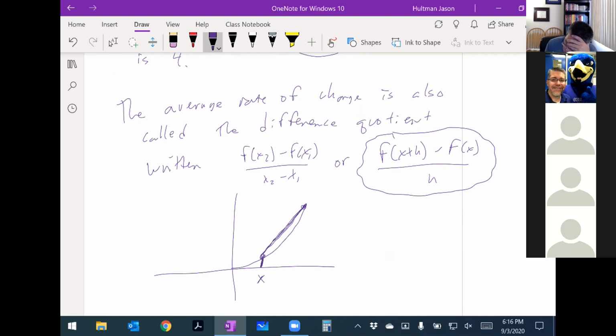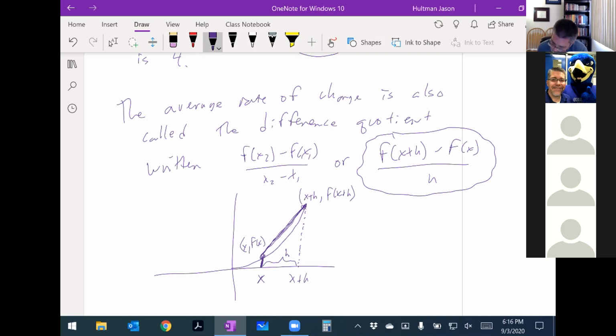And instead of x2, let's call this x plus h, where this distance here is h. So we went from x all up to x plus h. So this is going to be x comma f of x, and this is going to be x plus h comma f of x plus h, right? Those 2 points.